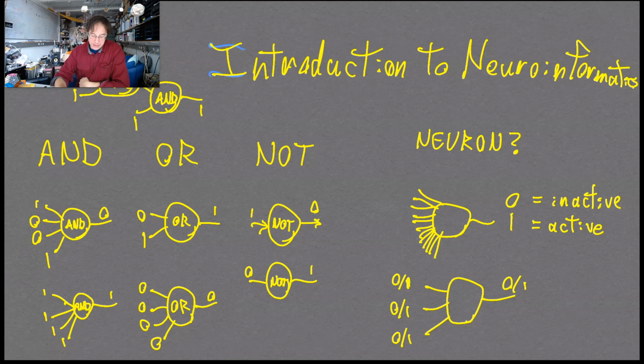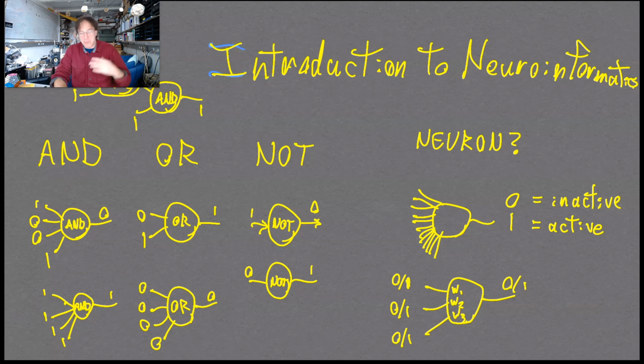If the presynaptic neuron is active, then there's some effect that it's going to have on us. And we call that the weight of the synapse. It's the strength of the synapse. So each synapse has a weight, which is a real number. So our artificial neuron is being characterized by some real numbers here, which we didn't have for our digital gates. And then we want to see if we reach some threshold.